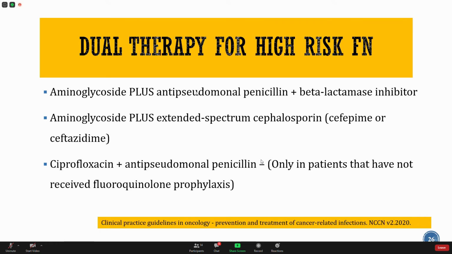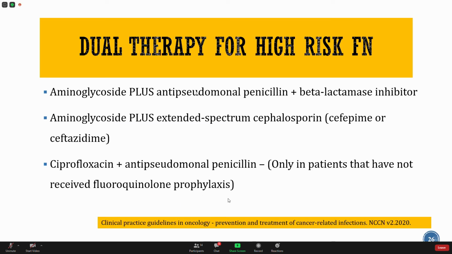But the IDSA and NCCN guidelines do not have an upfront recommendation of dual antibiotics for high-risk febrile neutropenia. You can choose monotherapy, but dual therapy is the choice of the institution. So you can choose one of the antibiotics I mentioned plus an aminoglycoside, or one of those antibiotics plus ciprofloxacin.